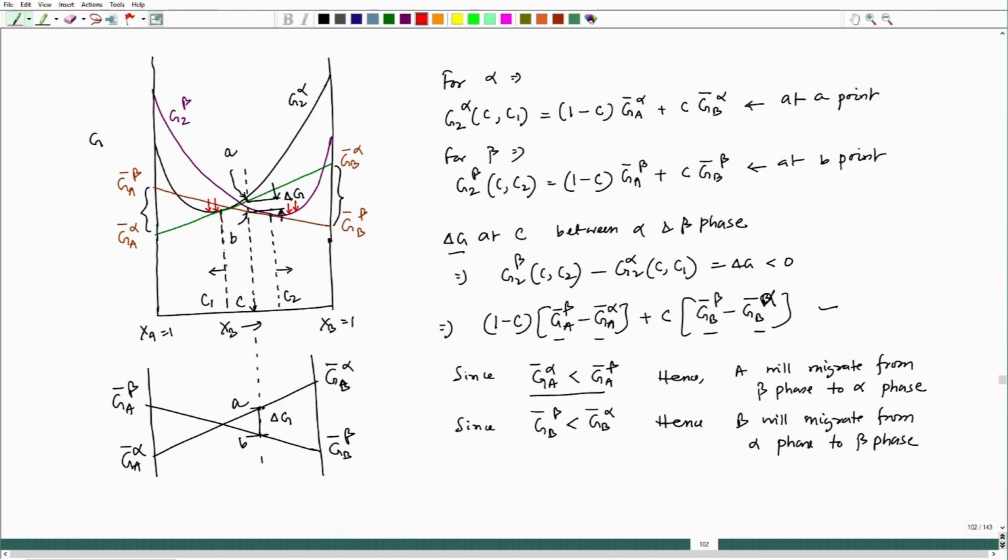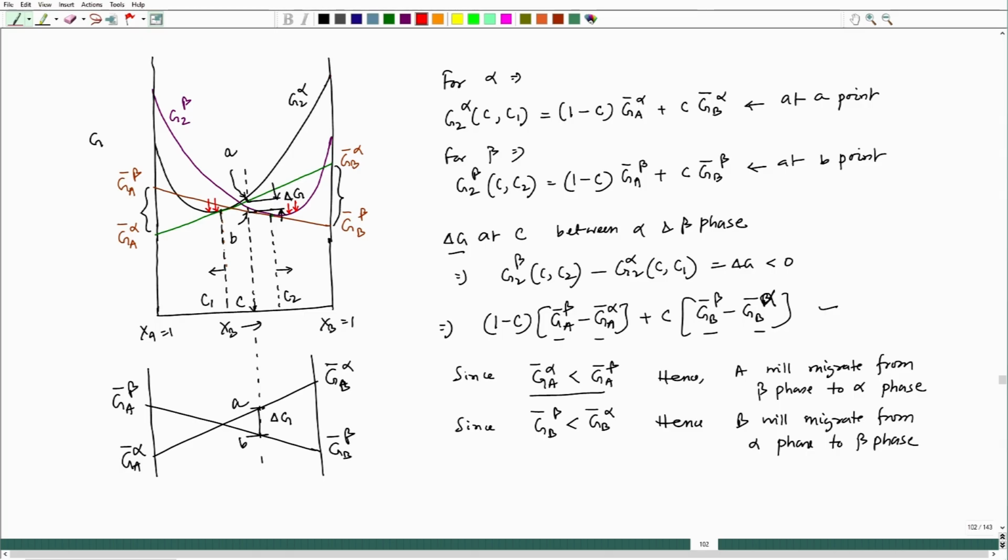The composition will be enriched in such a fashion that alpha will be enriched with A and beta will be enriched with B.